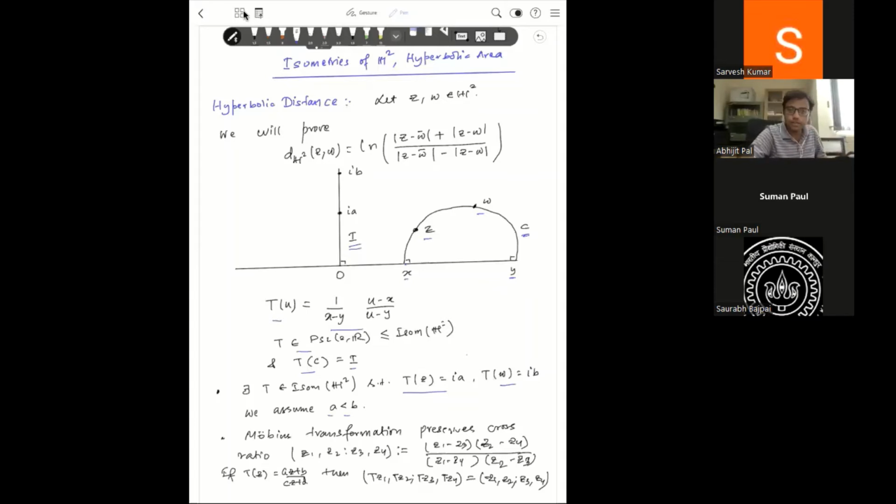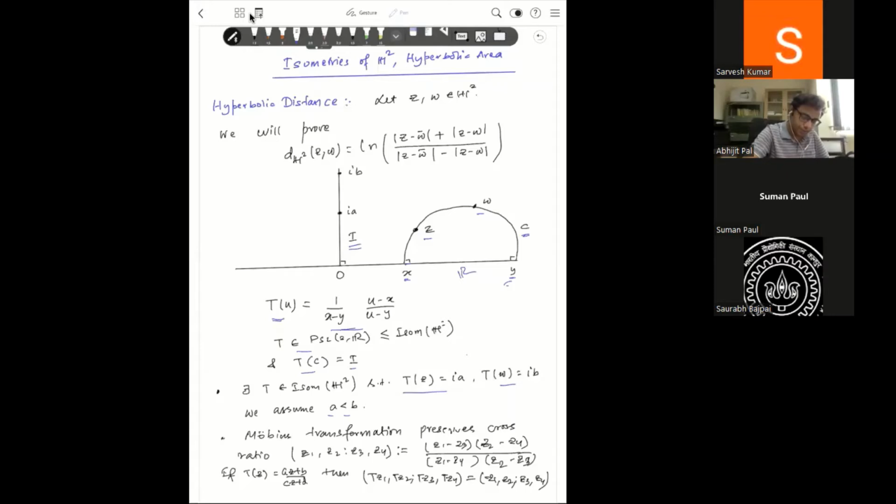Are all of you with me? I have taken two points Z and W, and a geodesic C passing through Z and W, intersecting R at X and Y, and I have defined this map T. T belongs to PSL(2,R), T(X) is equal to 0, and T(Y) is infinity.